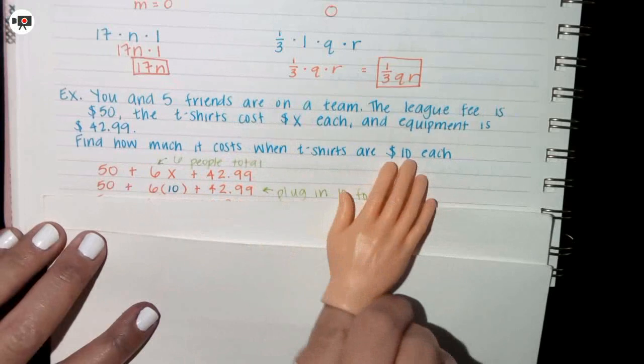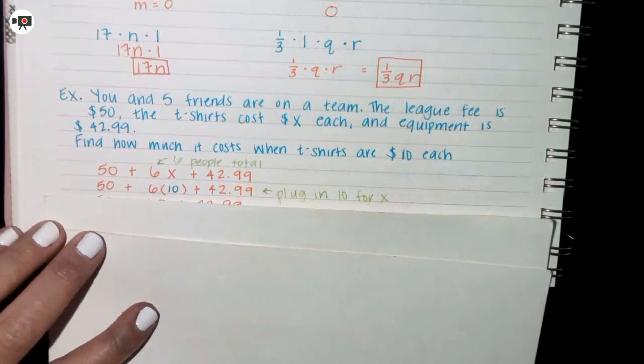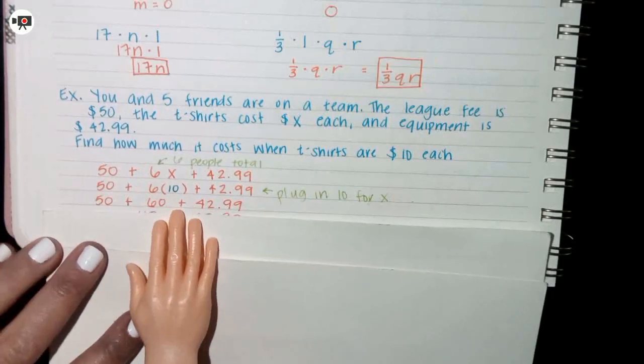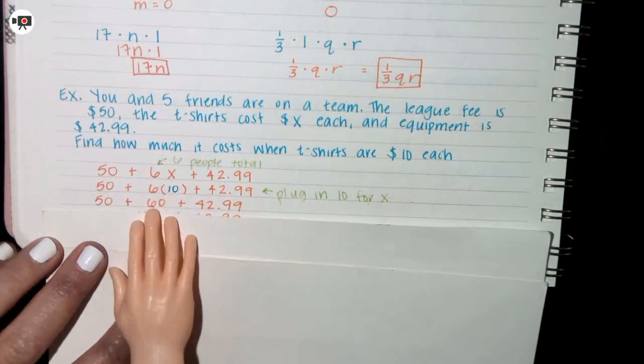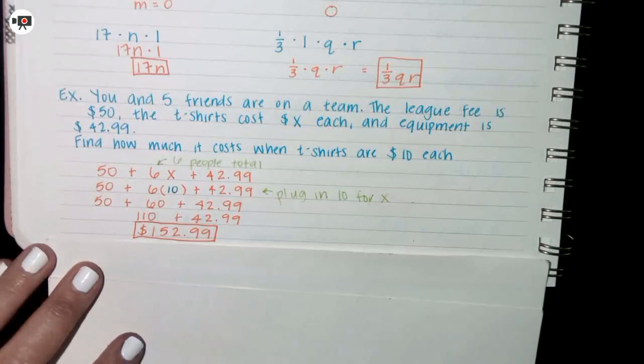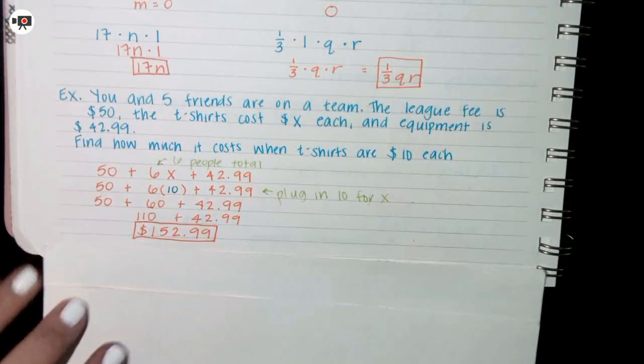Figure out what the cost is when the t-shirts are $10 each. So I plug in 10 for X, for the t-shirt cost, and then I can do 6 times 10 is 60, and now I can add all these numbers together to get my total is $152.99.